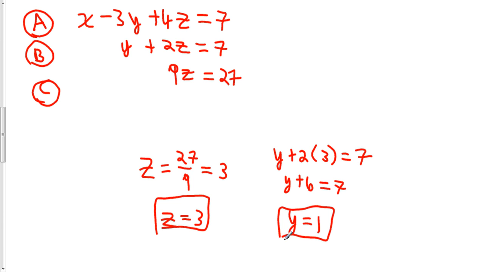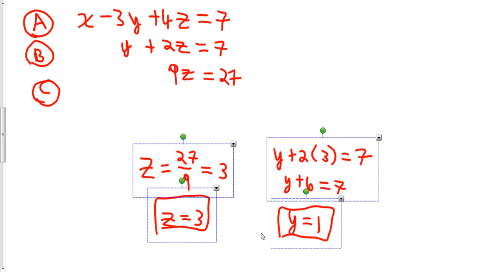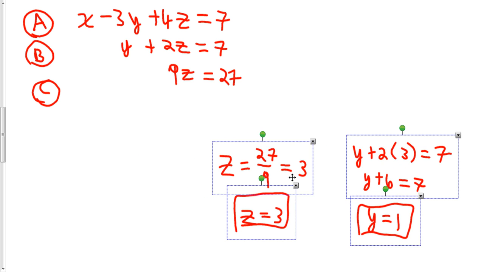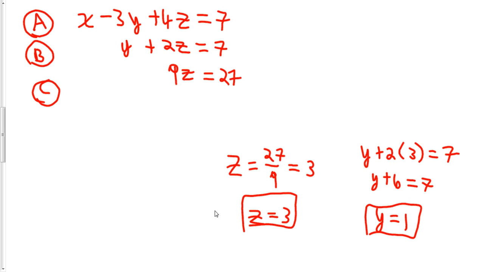And then on the very top, I have an equation that gives me a relationship between x, y, and z. So if I know y and z, I can find x. And I do know y and z, I just found those. So let's go ahead and find x. It turns out that x minus 3 times y, which is 1, plus 4 times z, which is 3, is equal to 7.